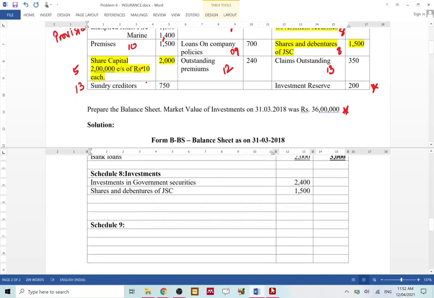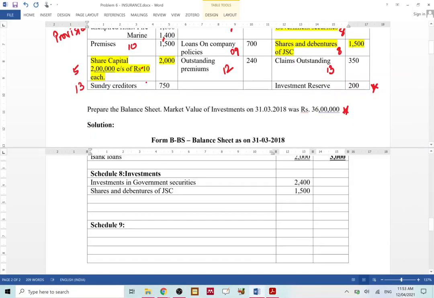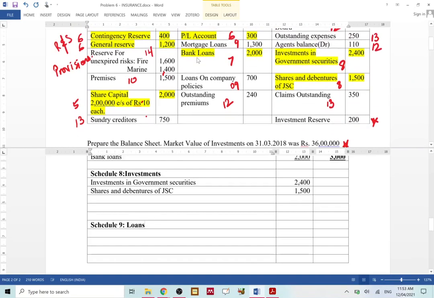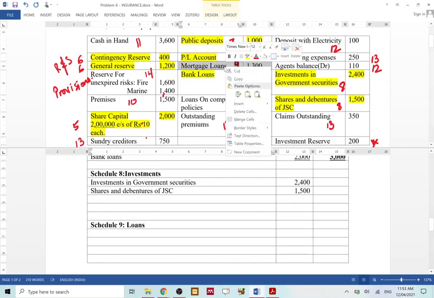Schedule 9, let's see what is schedule 9, although we've already marked. They are loans that have been provided, loans which have been given by the company. So what kind of loans were given? First of all, mortgage loans, right, 1300.